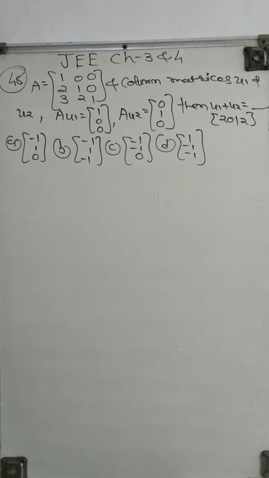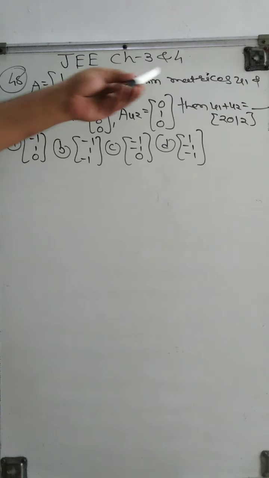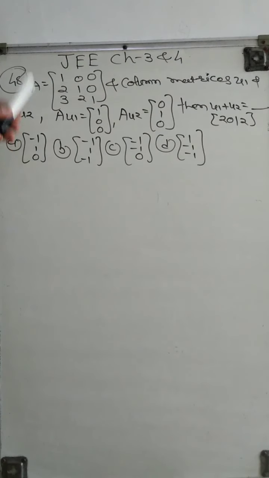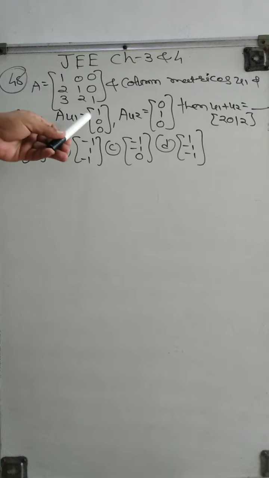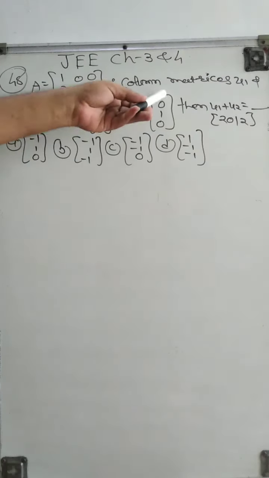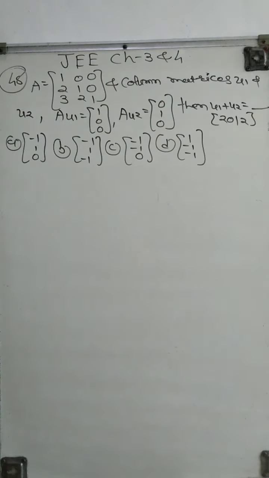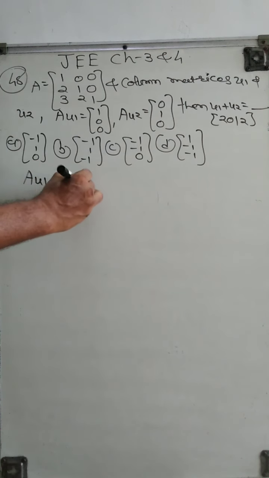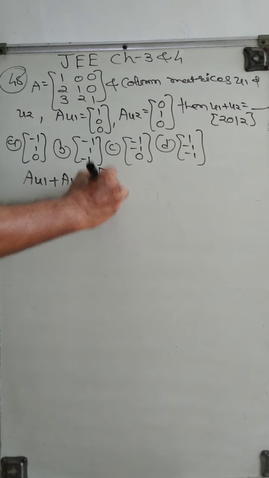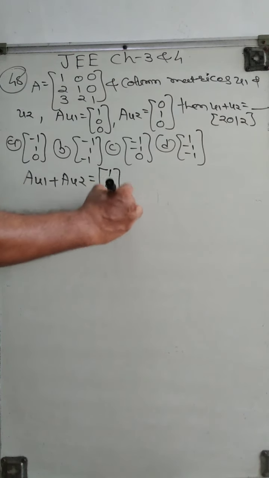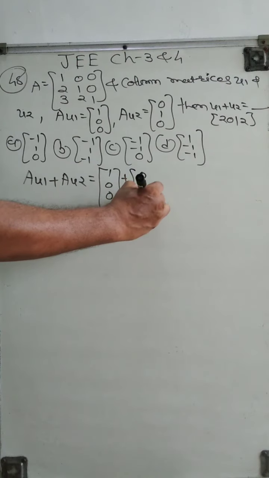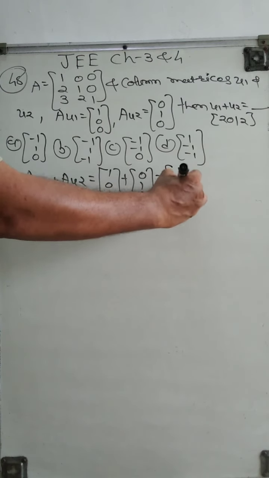Next sum. A is equal to the matrix 1 0 0, 2 1 0, 3 2 1, and column matrices U1 and U2 are given such that AU1 is 1 0 0 and AU2 is 0 1 0. Then U1 plus U2 is equal to what? Here, AU1 plus AU2 is equal to 1 0 0 plus 0 1 0, it is 1 1 0.